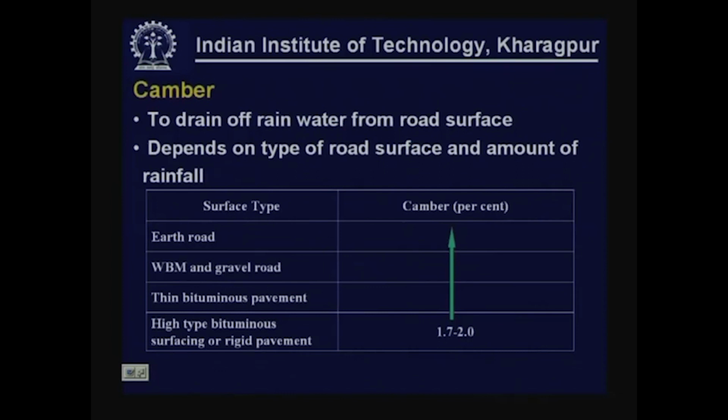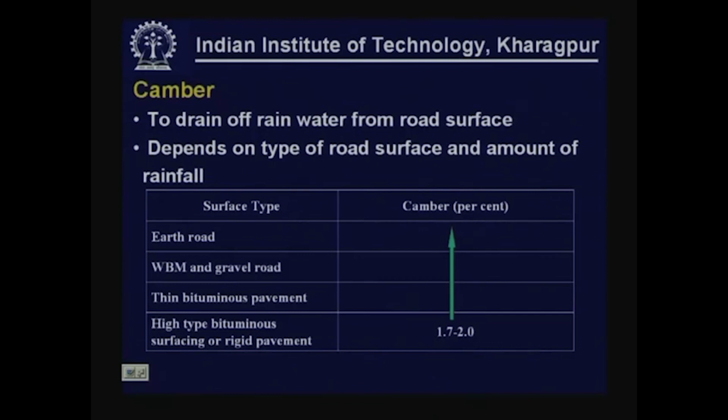So, obviously, the requirement of cross slope or camber will be lesser for high type bituminous surfacing or rigid pavement, and it will be more as we move towards thin bituminous pavement, to water-bound macadam and gravel road, to earthen road. So, the maximum value will be suggested for earthen road because the pavement surface is highly pervious.